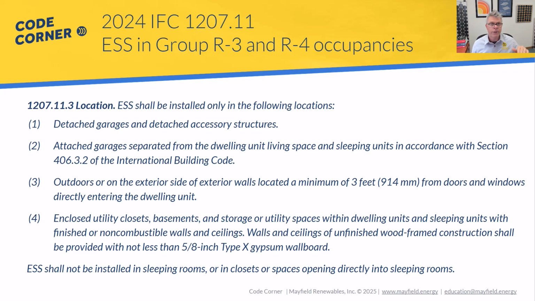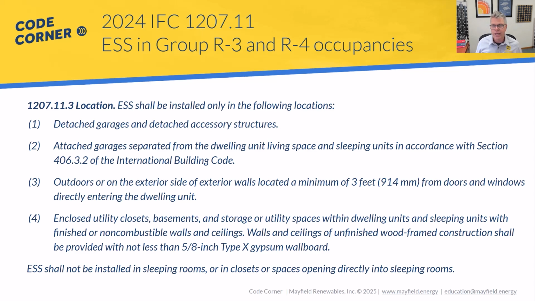The number two there is an interesting one, and so we can put ESS in attached garages, and what this section is saying is we need to make sure that we are separated from the dwelling units per the International Building Code, that's section 406.3.2. And if you go look at the IBC 406.3.2, there's a dwelling unit separation part of that talks specifically about garages separation from dwelling units.